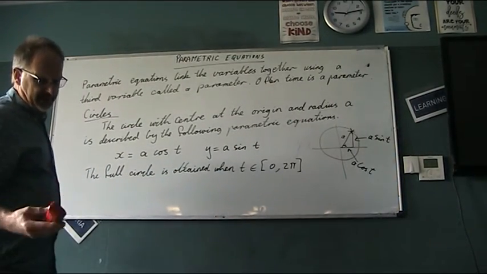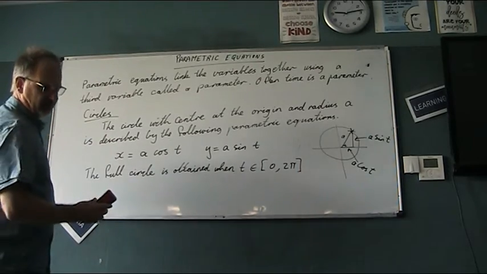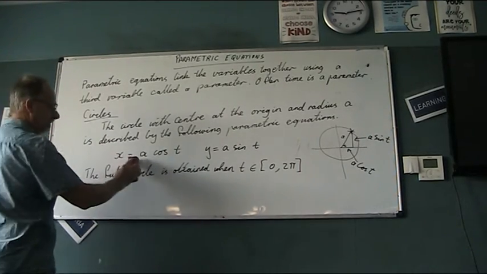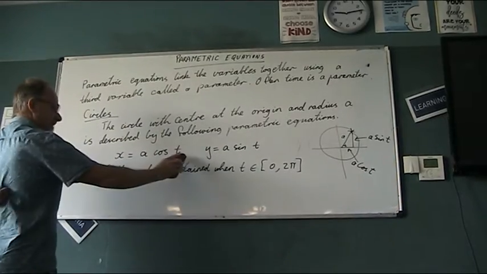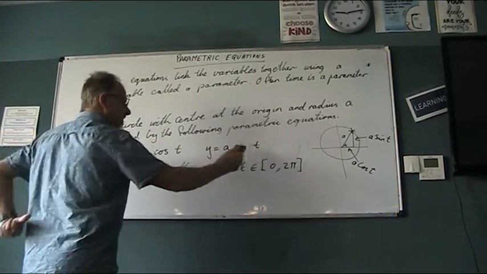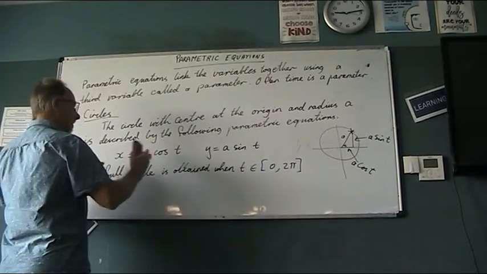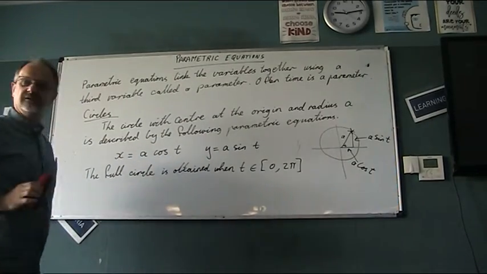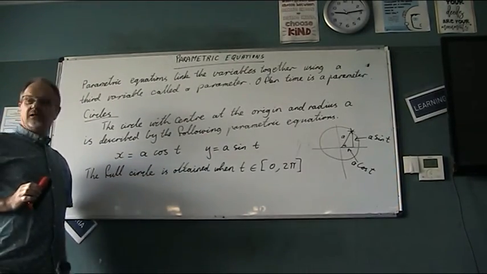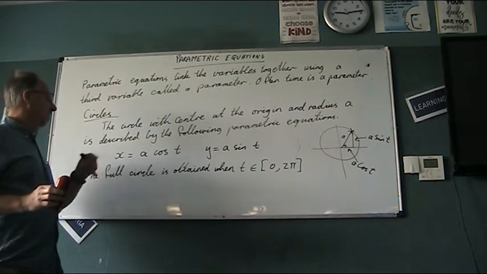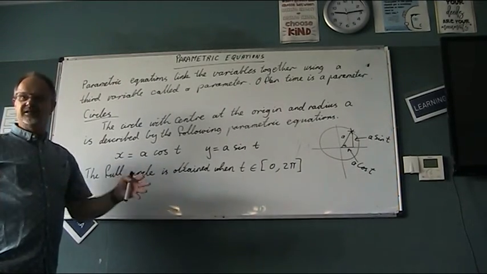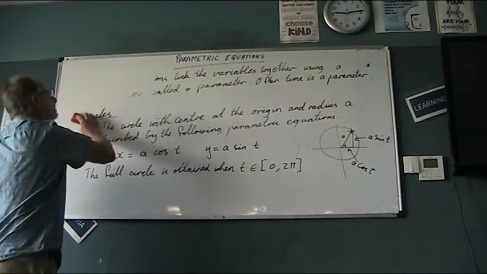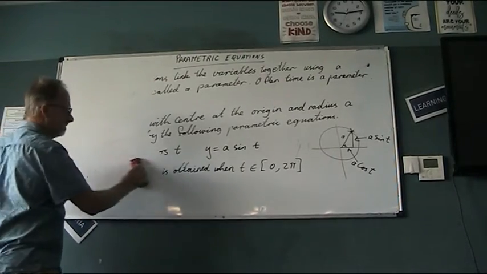So we might then need to put this back into a Cartesian form. So we can combine these. This t here is our parameter because this t links particular x and y. So for a time of say pi seconds, there's a particular x and a particular y value that will link together. So let's have a look at an example.